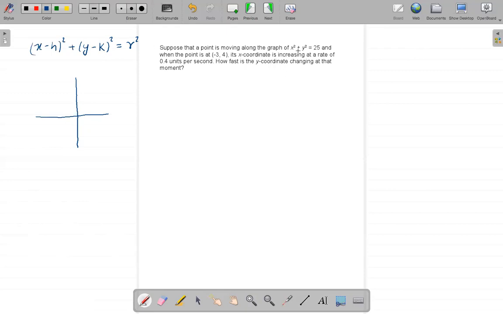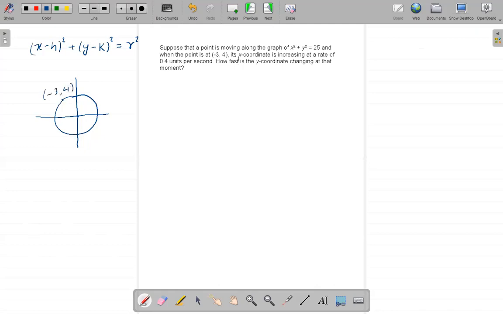But since here we don't have anything for h and k, the center is 0. And there is a circle, something like that.